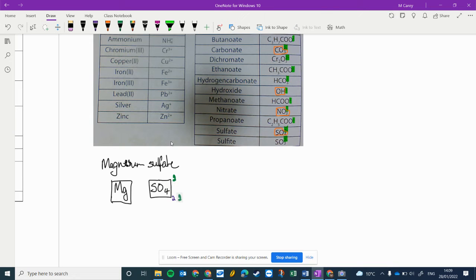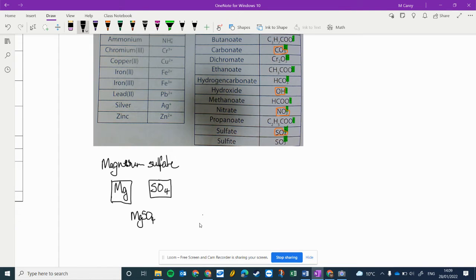So it's Mg2SO42, but if you remember that if they're the same number, they'll cancel out. So we end up with just MgSO4, and when we put them together without the boxes, the formula of magnesium sulfate is MgSO4.